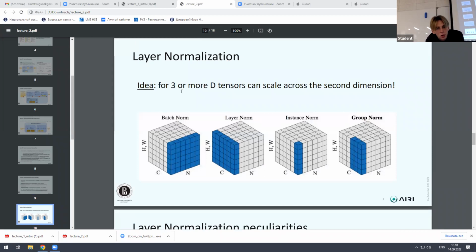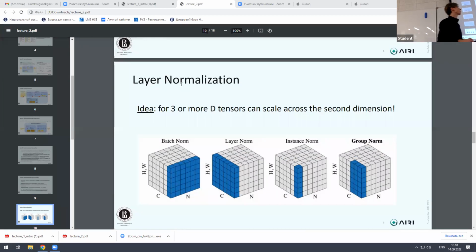If there are no questions, let's move to another type of normalization used mostly in NLP. Here are some types of normalization. We will not use these ones in our course. Batch norm, layer norm, what do they do? Batch norm takes elements from the batch and normalizes them with respect to each other.